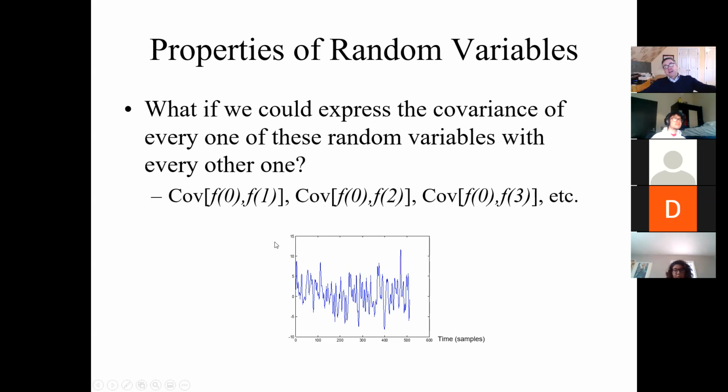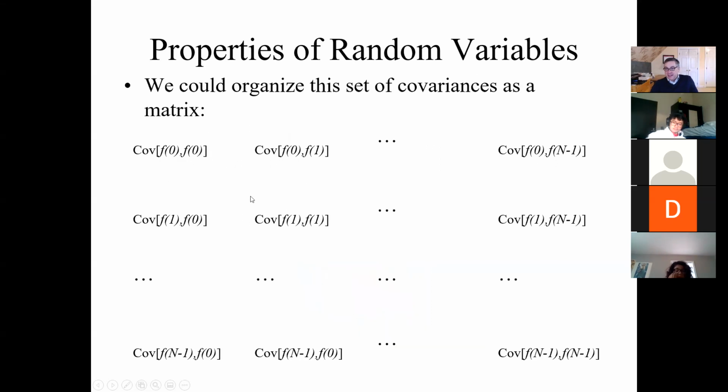So let's step back. We talked about ensemble statistics and how we could compute individual means and variances for every element of our signal. But the other thing we want to think about is the covariances between different time points. If we could set up a way of expressing the covariance of every random variable with every other one in the set, we could structure it like this.